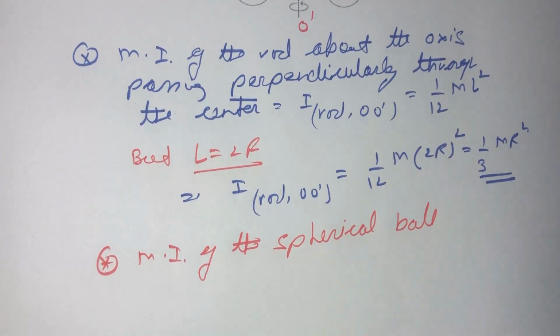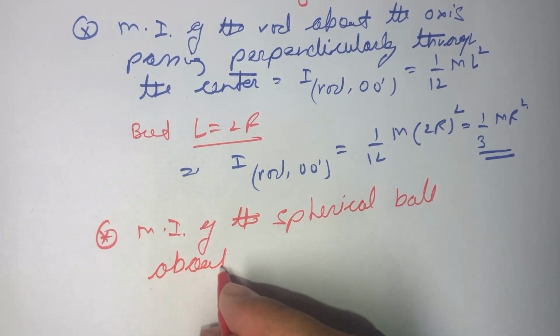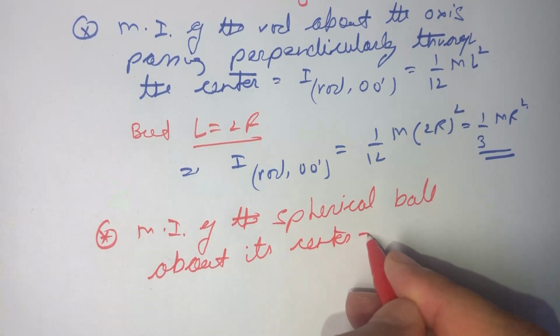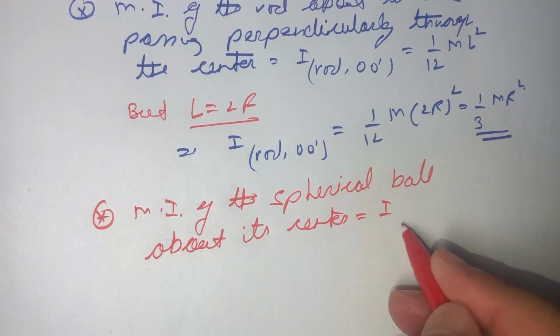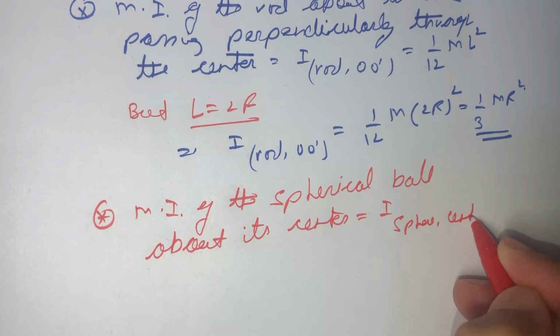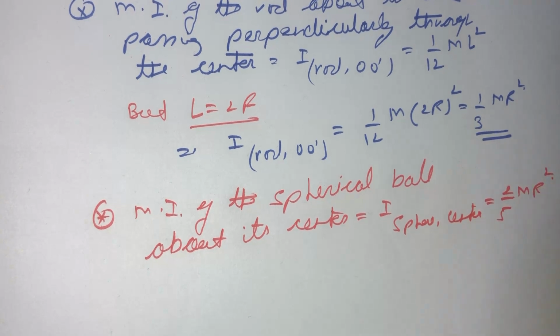Let us suppose that is given as I sphere with respect to center, is given as 2 by 5 mr square, where m is the mass and r is the radius of the spherical ball.